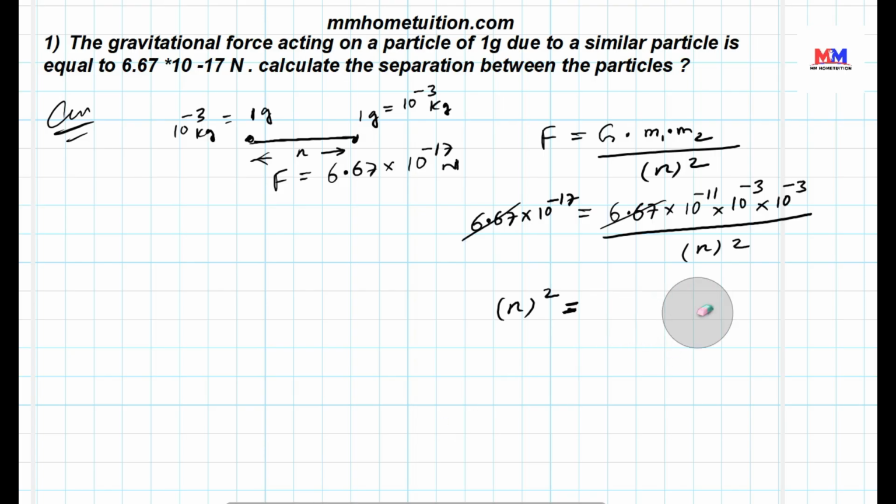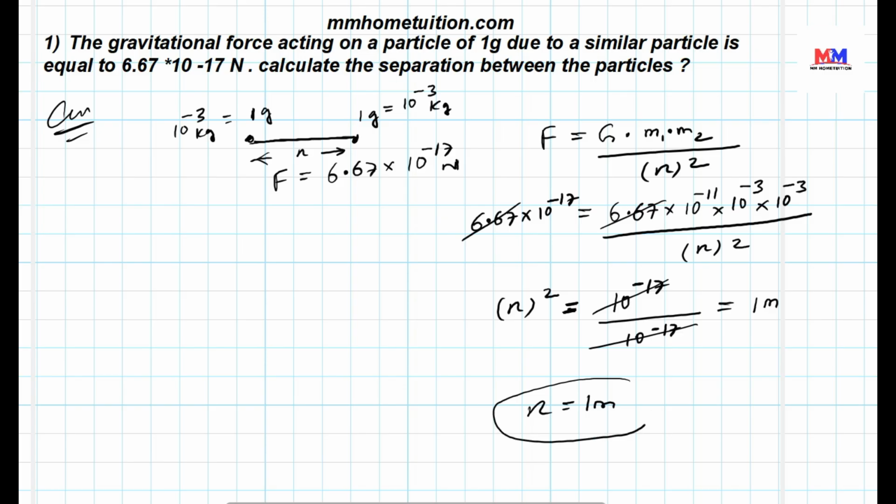So that equals 10^(-11-6), that is 10^-17, divided by 10^-17. r squared equals 10^-17 by 10^-17, that equals 1 meter. If r squared equals 1, r also equals 1 meter. So separation equals 1 meter.